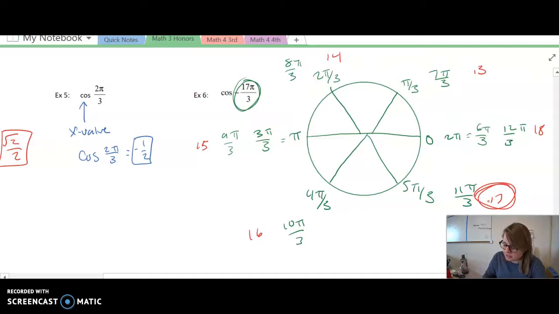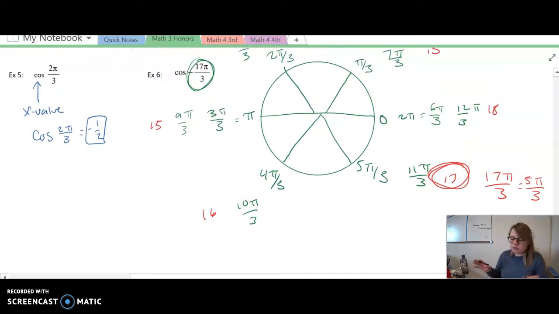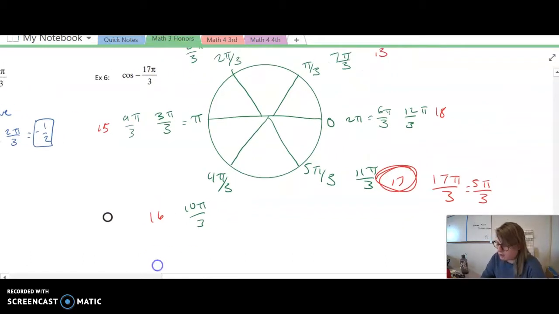So 17 pi over 3 is the same as 5 pi over 3. There's one thing that we need to make clear about this as well, is that it was negative 17 pi over 3. So if this was a positive 17 pi over 3, we could stop here, find the cosine of 5 pi over 3, and we'd be set to go. But this is negative, so things are a little bit different.